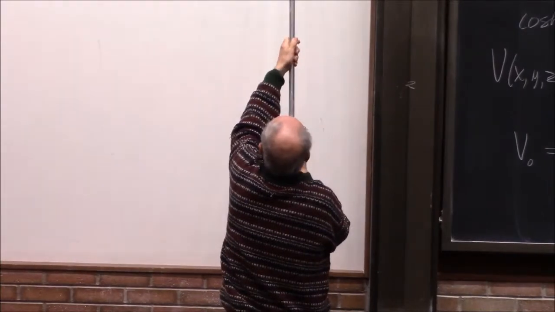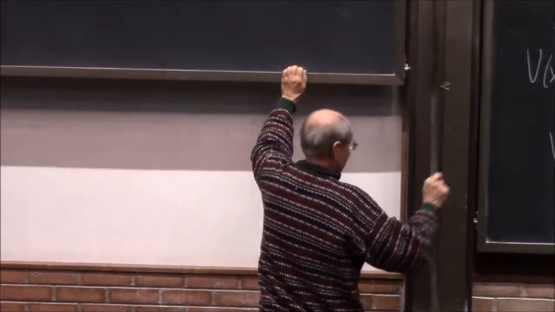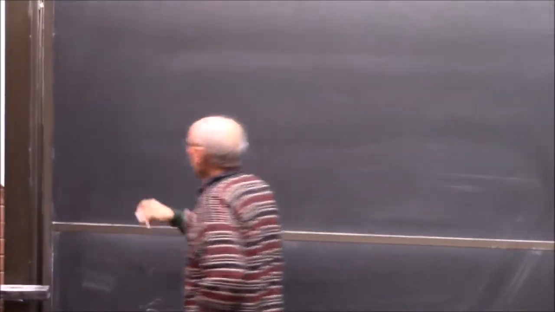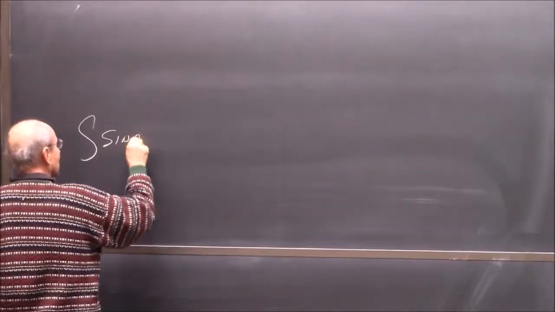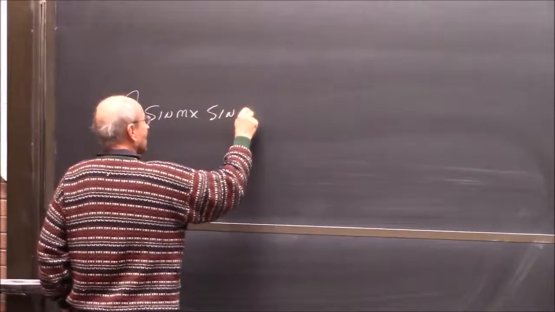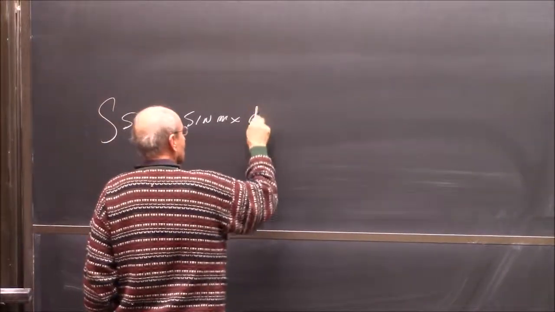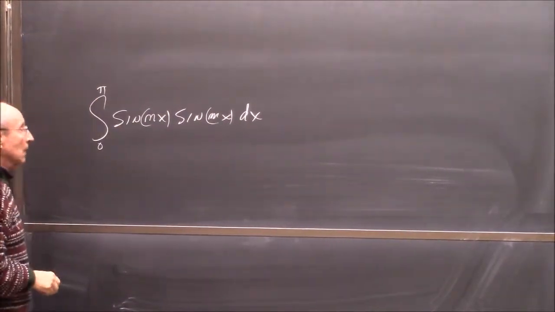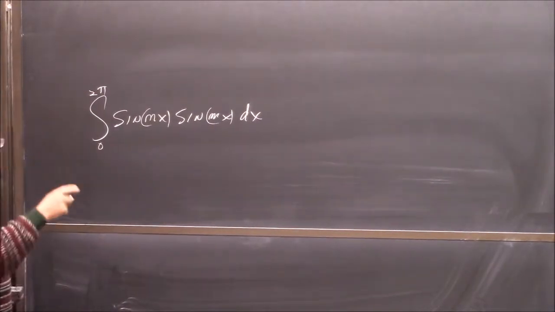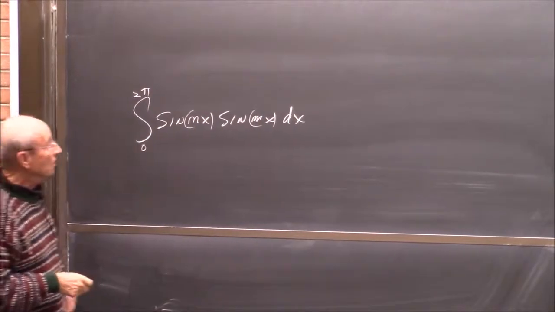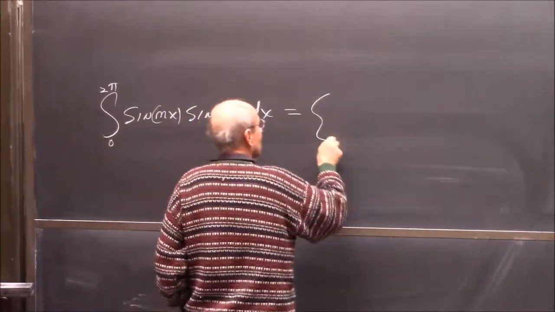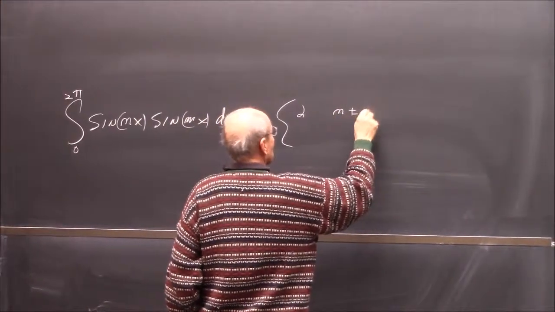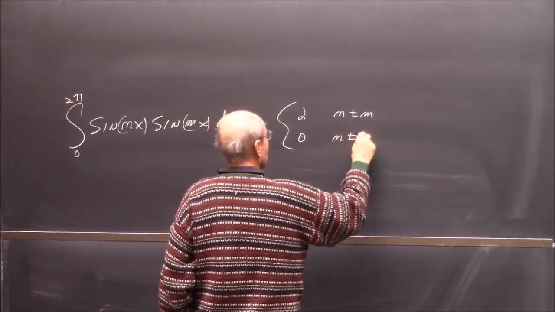They are what is called orthogonal, meaning that the integral of sine nx sine mx dx from 0 to 2 pi, which is the period of the sine function, is some constant if n is equal to m, and 0 if n is not equal to m.